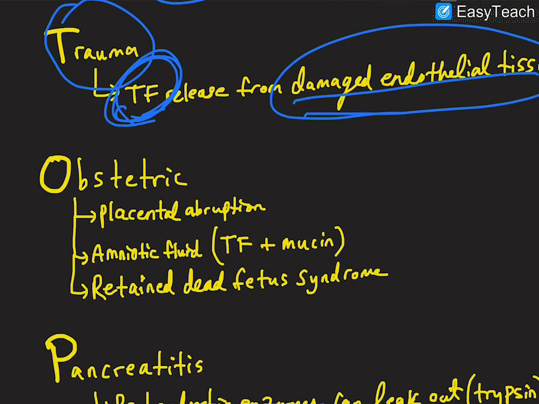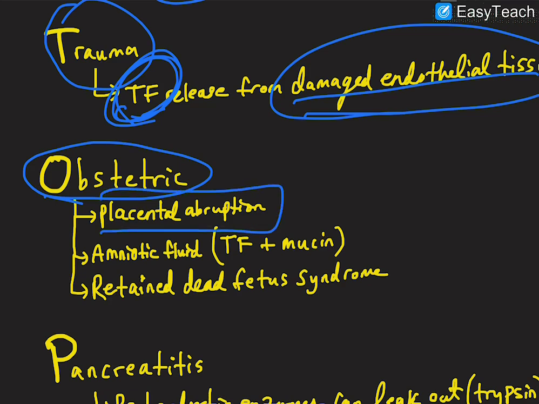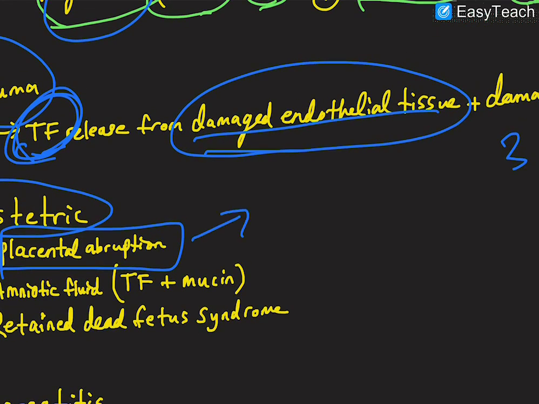So the O now in the STOP making new thrombi mnemonic stands for obstetric. Okay. So what things, when we're talking about obstetric, can lead to DIC? So placental abruption can lead to DIC. So remember, placental abruption is when you have your placenta, and it basically detaches from the uterine wall, from the decidua.